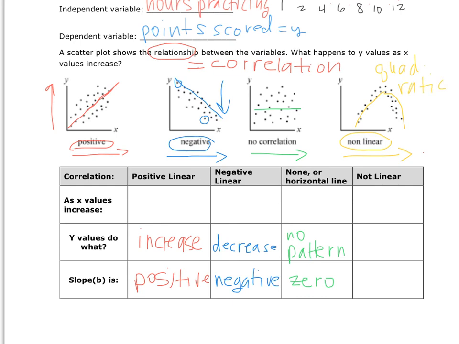So if it's not linear, y values do what? Something other than a line. The y values don't follow any linear pattern, and the slope is, well, it's not applicable. Okay, so we are interested in linear relationships between x and y, or linear correlation. So that's all that we're going to be focused on in this section.